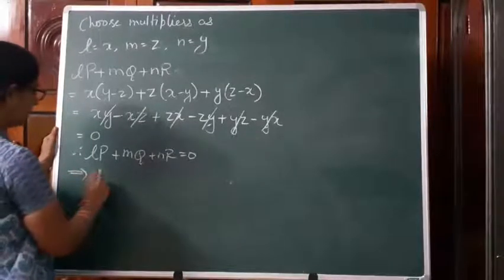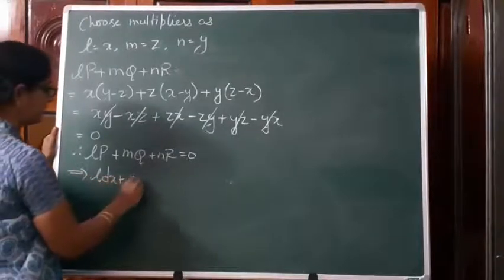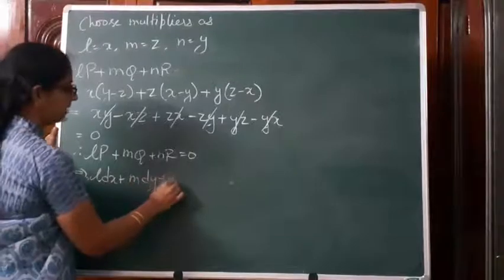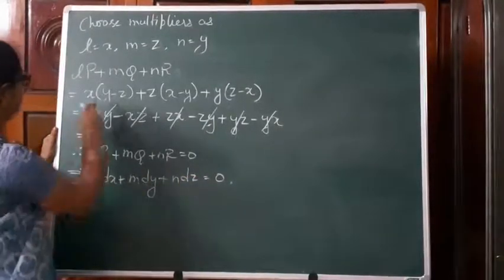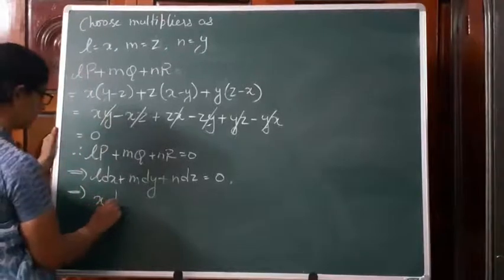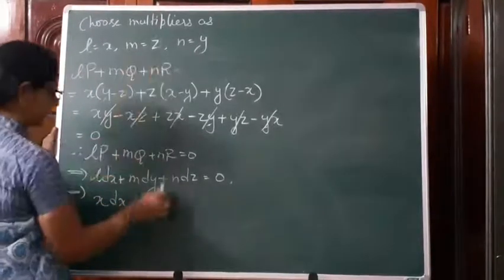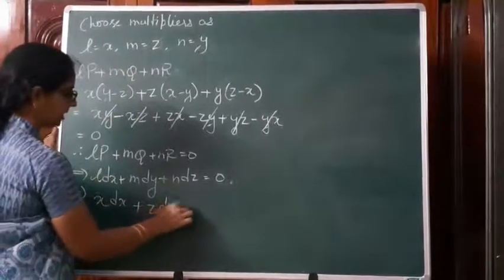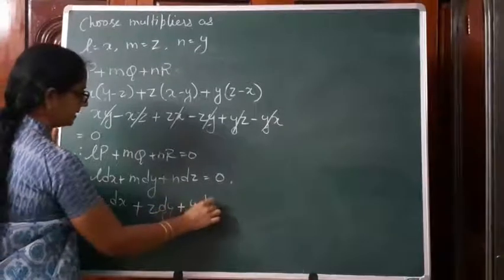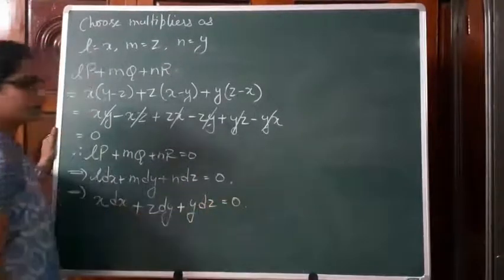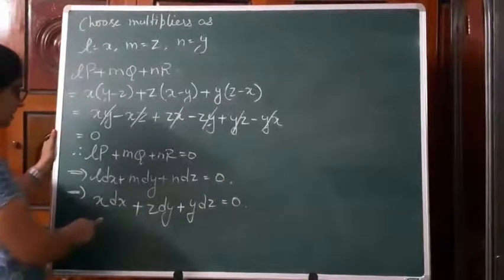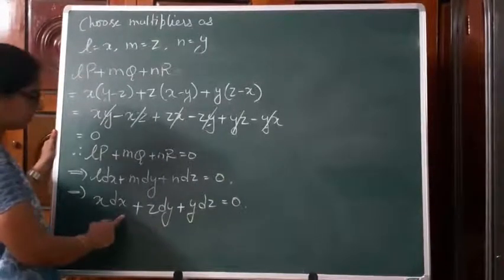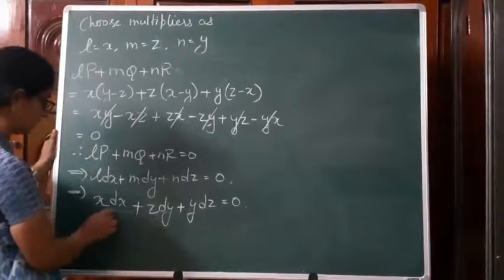Therefore, from this we can write l dx plus m dy plus n dz is equal to 0. That is, x dx plus z dy plus y dz is equal to 0. Now check whether you can integrate directly or you need to group the terms. This is x dx, and this we can integrate, no problem.